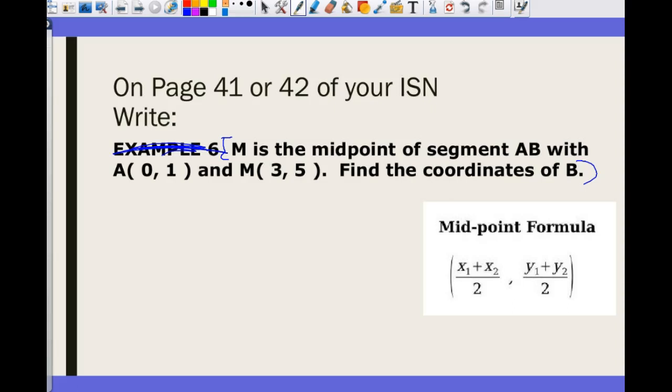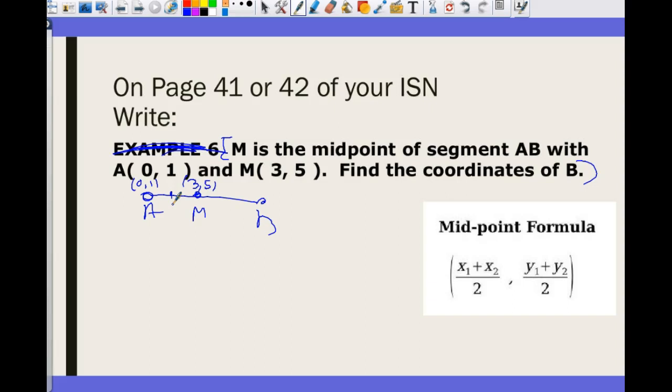I'm going to graph it to show you what the actual difference is. You have A, which is at 0, 1. We have B, which we don't know where that's at. We know our midpoint is at 3, 5. We know that's where our M is. Most people who take this on a test will not read the problem. They'll say, easy peasy, I'm just going to find the midpoint. You find the midpoint between these 2 points, you get a point here. Is that B? We already have the midpoint. We're trying to find the other point.